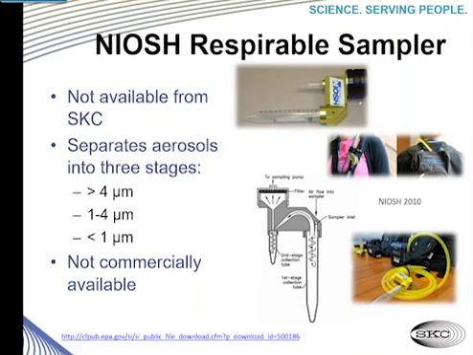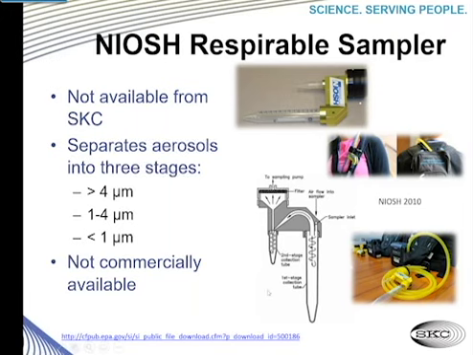As air is drawn into an inlet at 3.5 liters per minute, in the first stage, which is this part here, particles that are greater than 4 micrometers are collected into a 15 milliliter centrifuge tube.